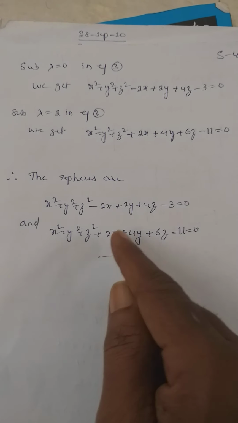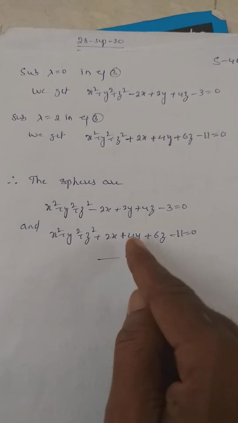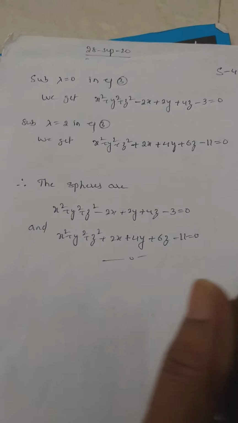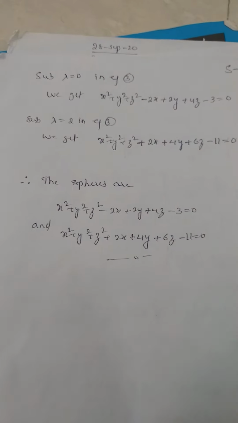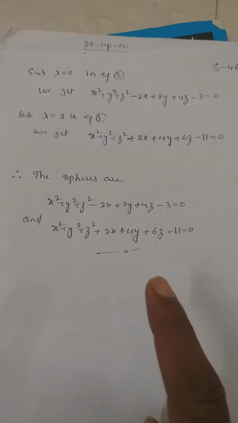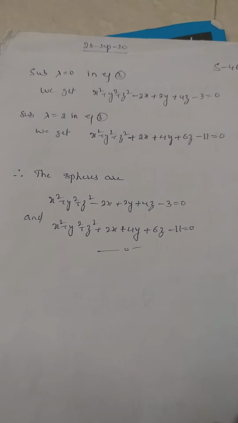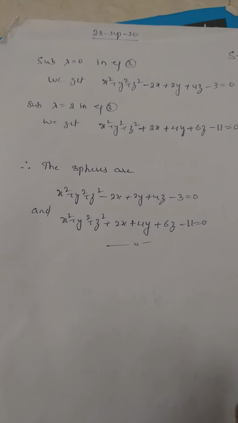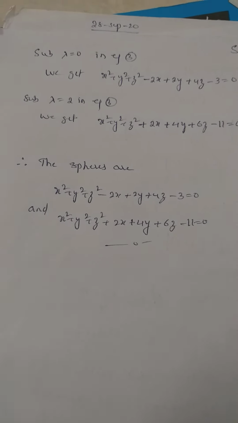What's our conclusion? These are the spheres which pass through the given circle and touch the plane, right? These two spheres pass through the circle and touch the other plane, that means given plane number 2. Got it?